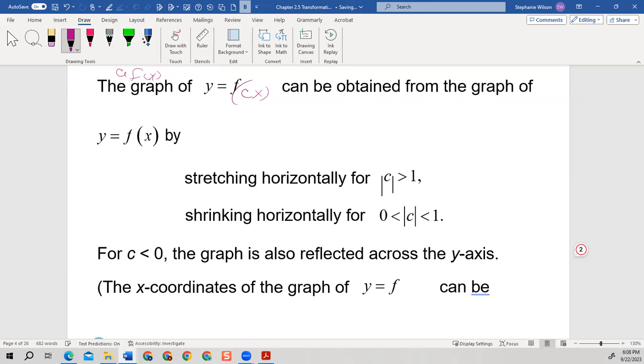This is going to be stretching horizontally if the absolute value of C is greater than 1. This is going to shrink horizontally if C falls between 0 and 1. And this will be a reflection about the y-axis.